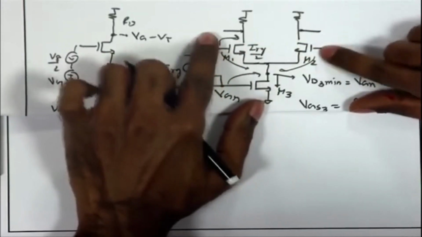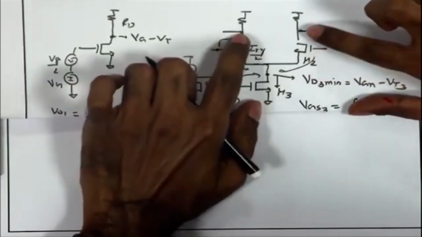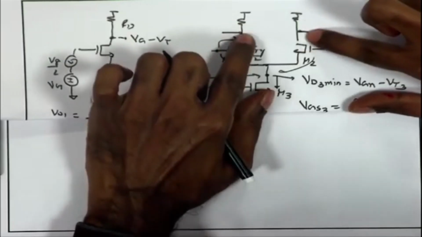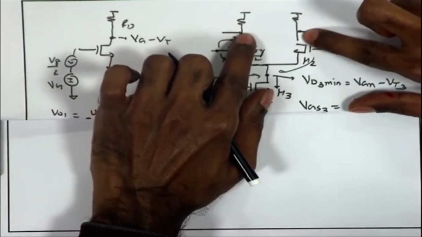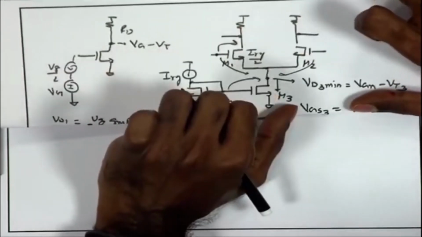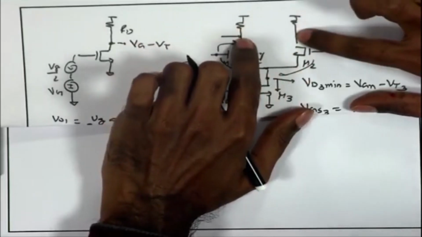So, basically we are tying up the two gates together. As long as the two MOSFETs are matched and the two RDs are matched, we expect that the drain voltages are also going to change in a similar fashion. Therefore, we can tie them also together.